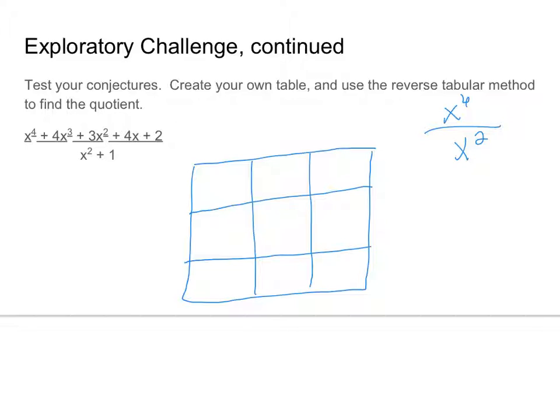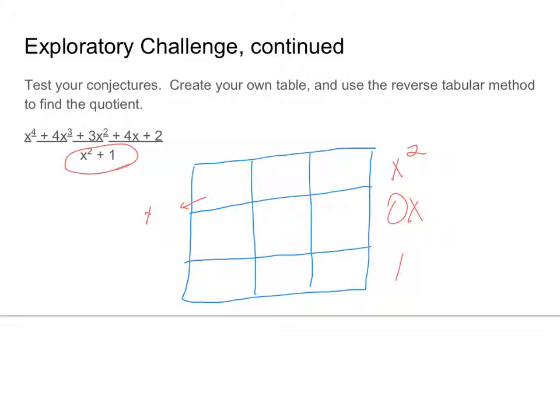Okay, this is going to be tons of fun. Let me erase this, give us some room. So we're going to fill in what we know, x squared. Remember, if we don't have that middle term, it's a good habit to write it in.